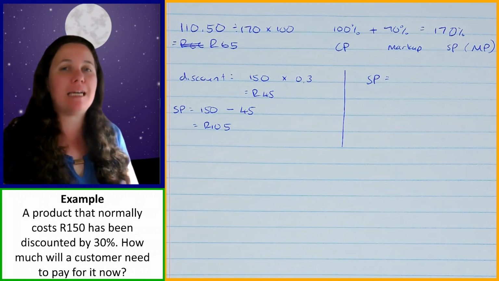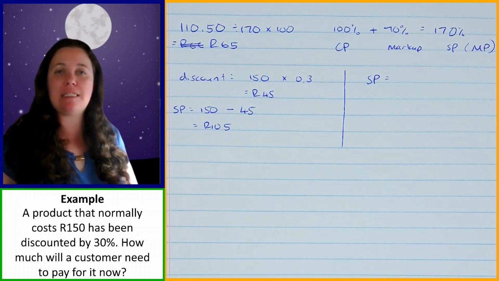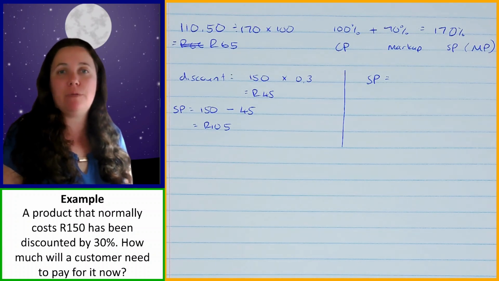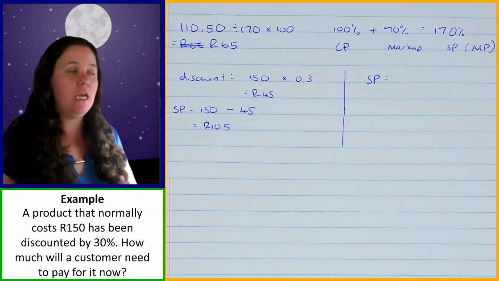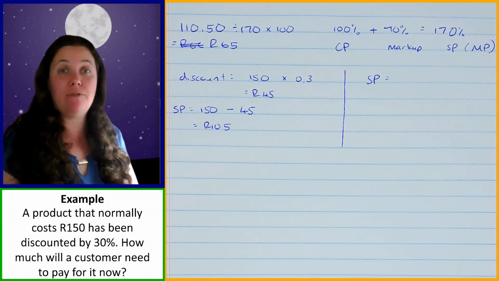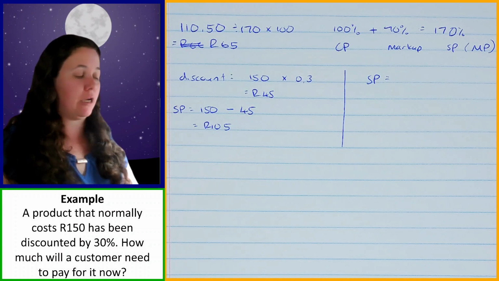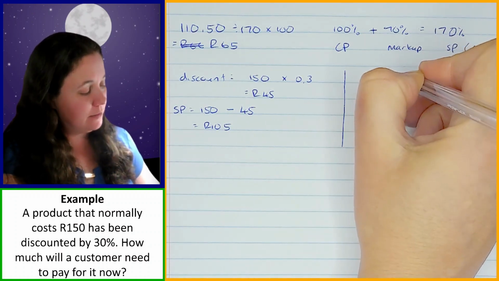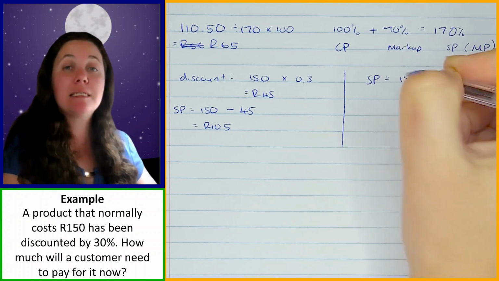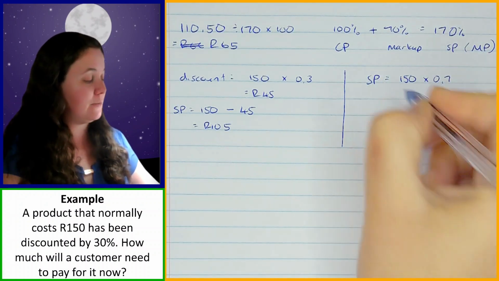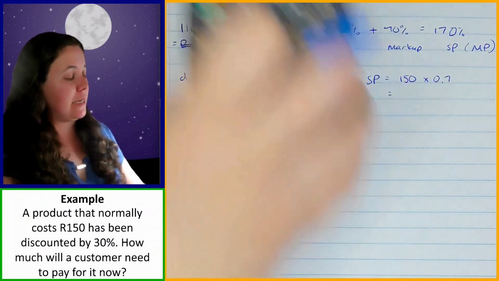If the total amount is 100%, then if they save 30%, then that means that they're going to be paying the rest of it, which is 70%, because 30 and 70 makes 100. So they're going to be paying 70%. So what I want to work out is 70% of the normal amount. So I'm going to take that 150 and I'm going to multiply it by 70%, which is 0.7 if I write it as a decimal fraction. Okay, so 150 times 0.7.